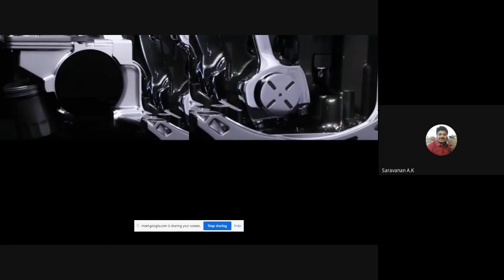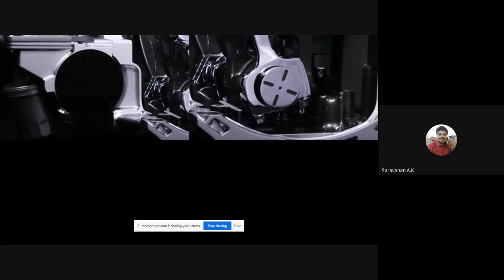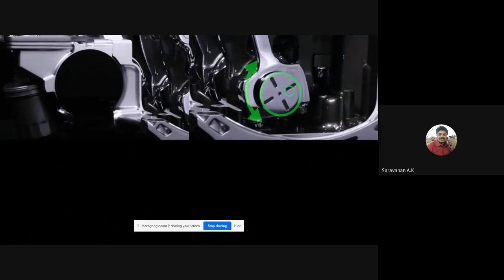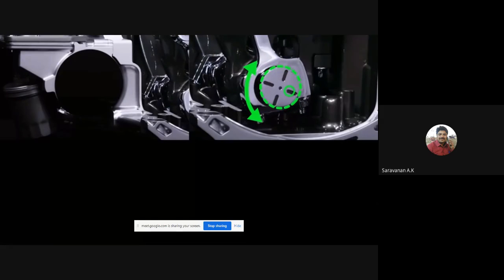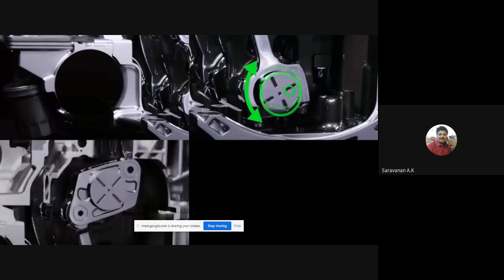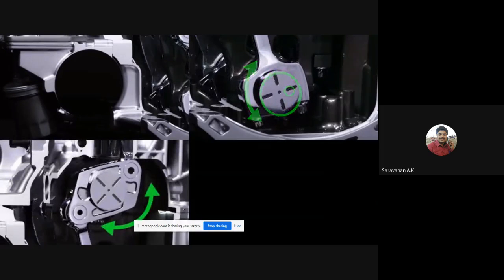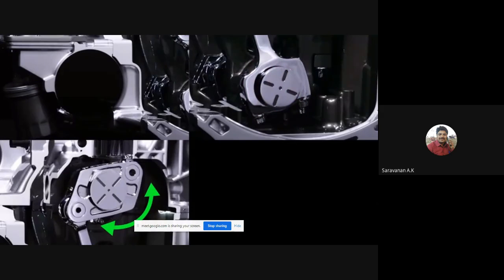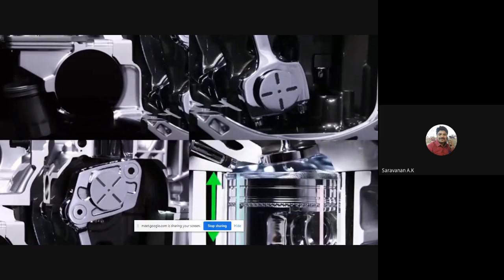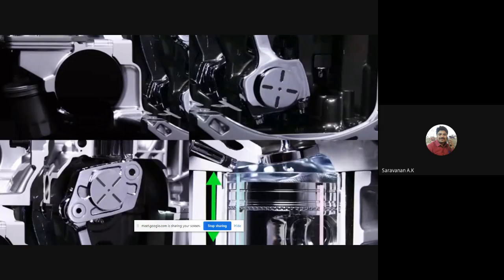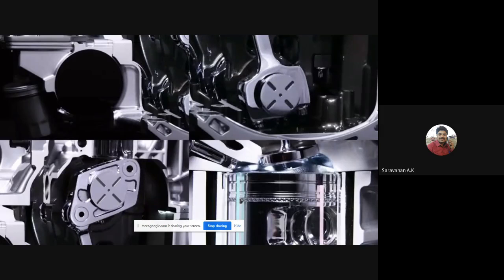Second, the actuator arm rotates a control shaft, similar in principle to a camshaft, which forces a lower linkage to move up or down based on the orientation of the cam lobe. Third, the lower link changes the angle of the multi-link, which is connected by an upper link to the piston. Finally, the upper link moves from the multi-link's rotation, which causes the piston to move up or down, changing the compression ratio.